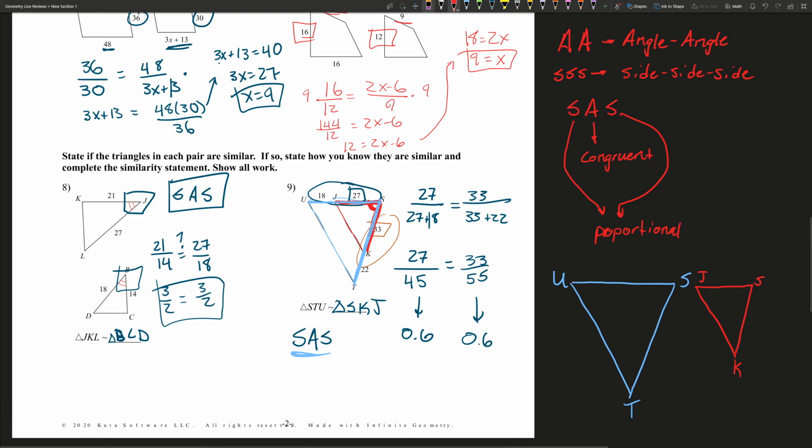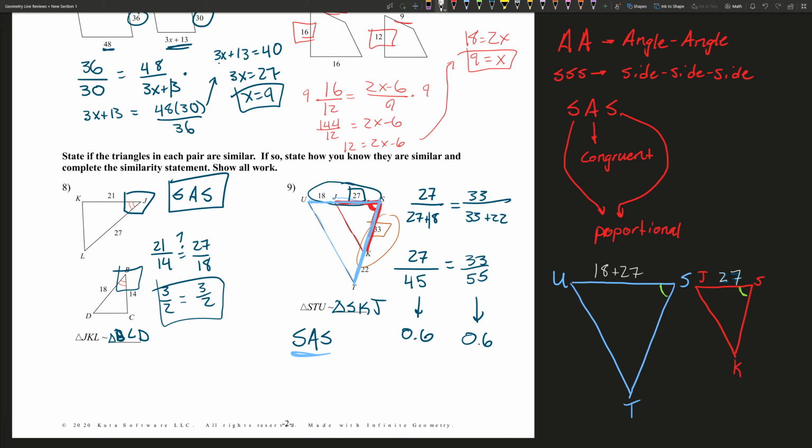All right, we know that angle S is congruent to itself. This SJ side, that's 27. This SU side is 27 plus JU, so it's SJ plus JU, which is 18 plus 27.